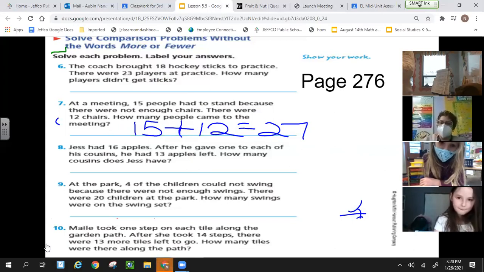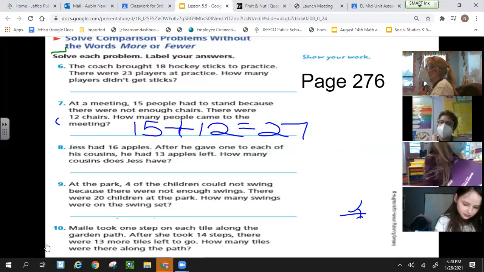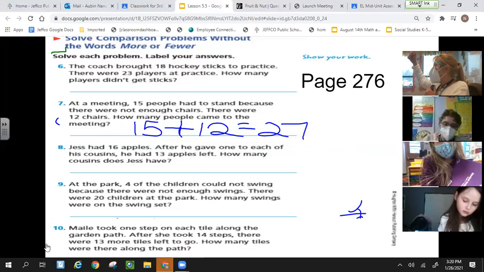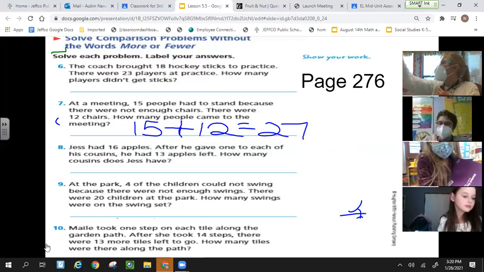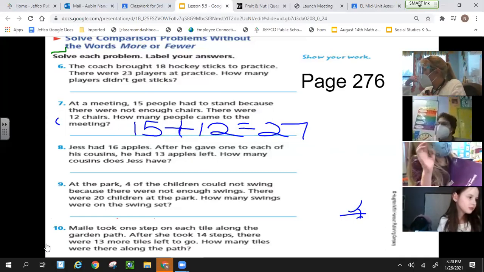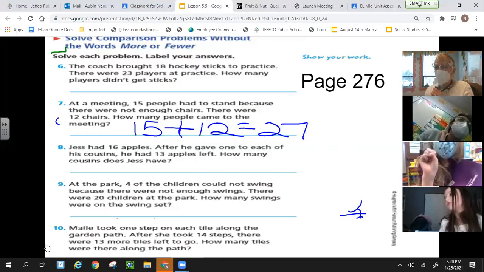Whether the words fewer or more are there or not, we don't need them, because what do we do instead? What do we do, Cooper, instead? If we don't have the words more and fewer, what do we do? You think, you visualize, you reflect, draw a picture. We don't need those words. We can solve it without them.